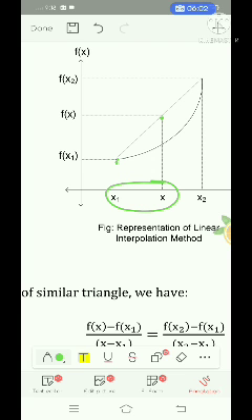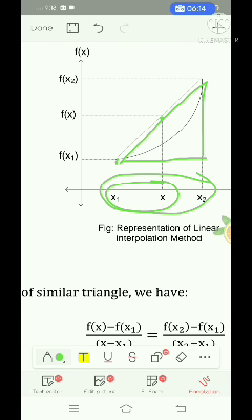So, small and big adjacent parts, the hypotenuse and here, the adjacent part.